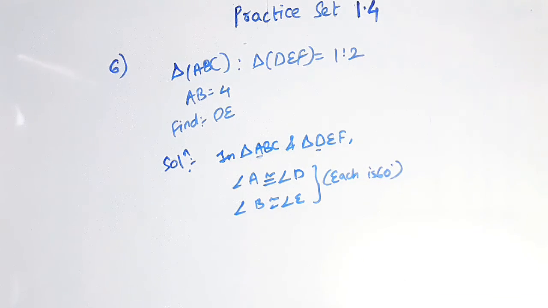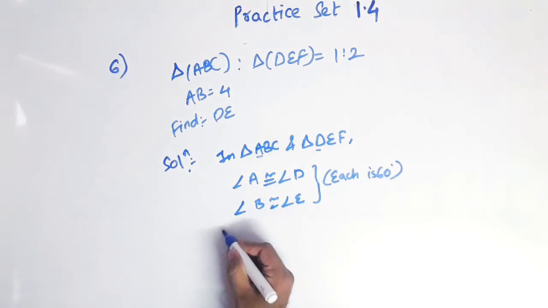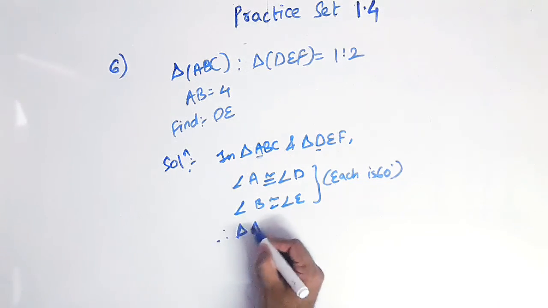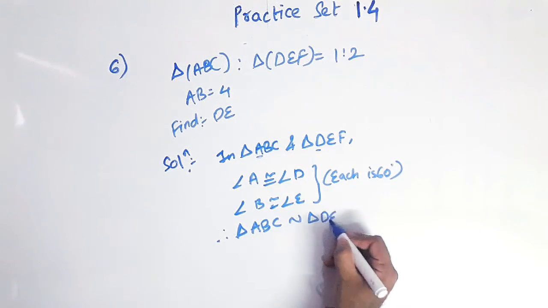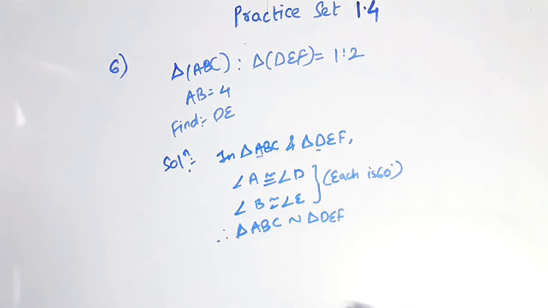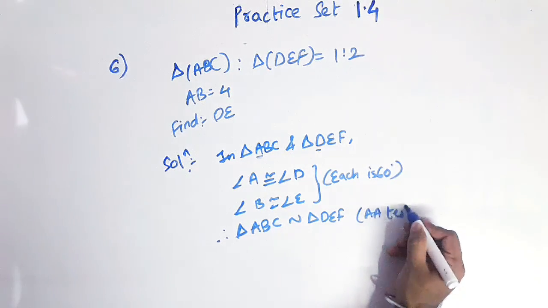Every angle of an equilateral triangle is 60 degrees. Now because two angles of the triangles are congruent, therefore triangle ABC is similar to triangle DEF. This is the AA test.